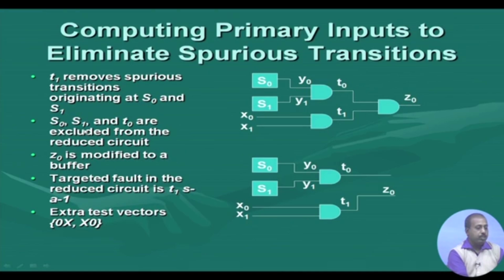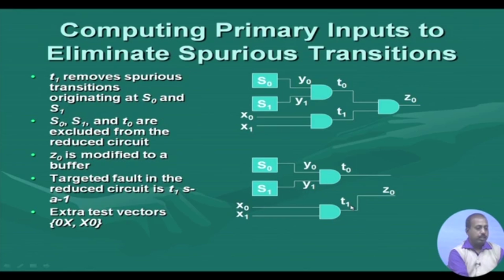Similarly, S0, S1 and T0 are excluded from the reduced circuit, because T1 can take care of S0 and S1 for this spurious reduction. So Z0 is modified to a buffer, as if X0, X1 is coming and going there, and the targeted fault in the reduced circuit is T1 stuck at 1.